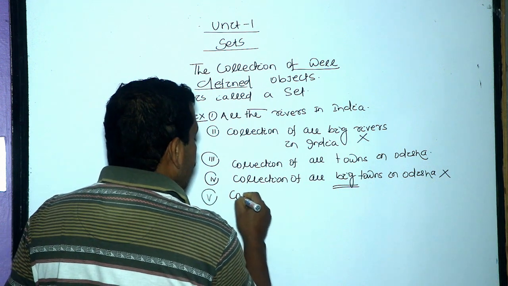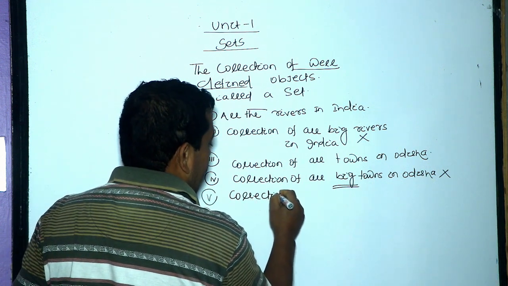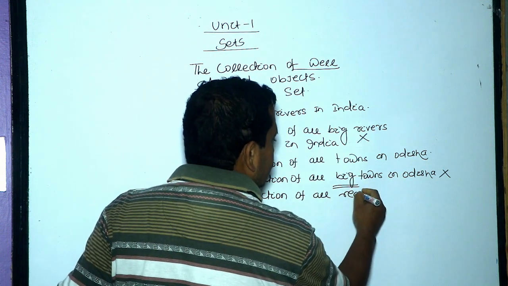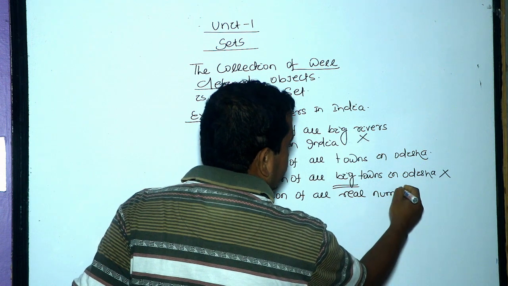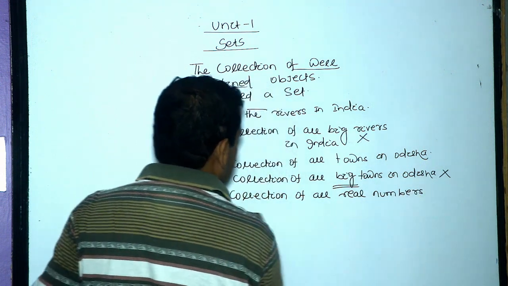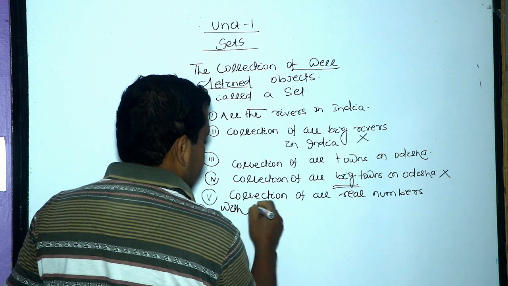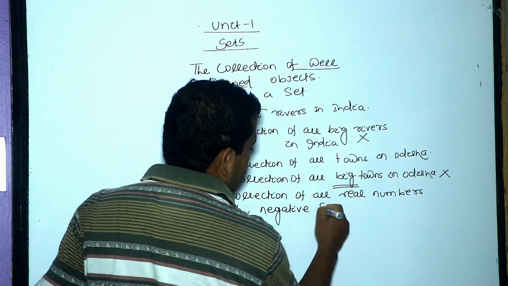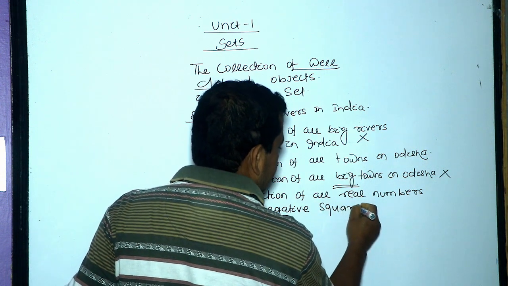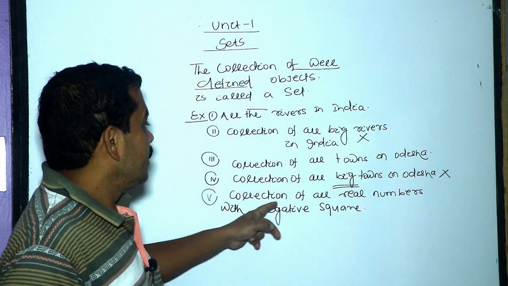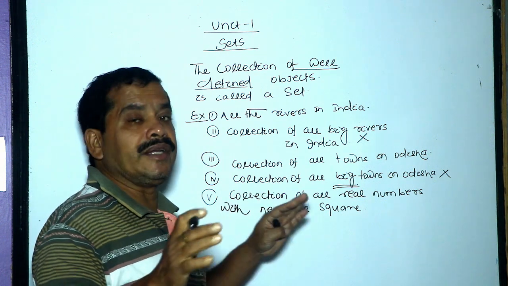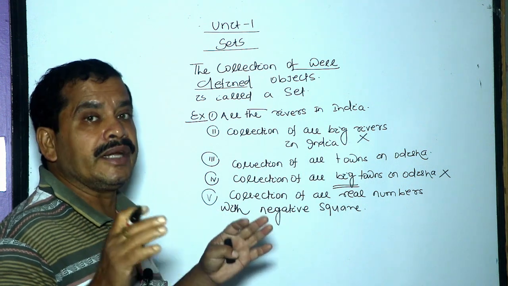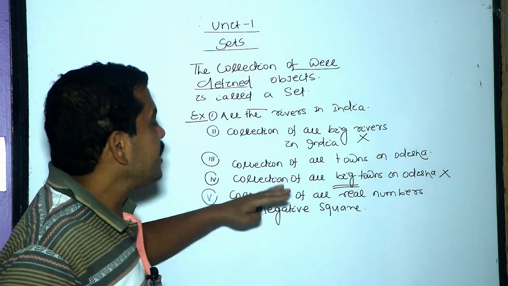Suppose collection of all real numbers with negative square. It is a set. There is no real number whose square is negative, but it is a set, called the null set or void set.